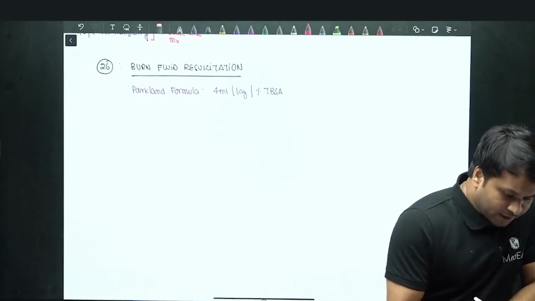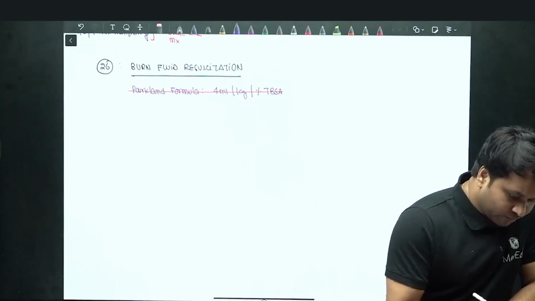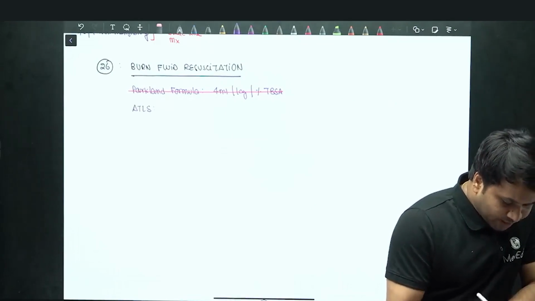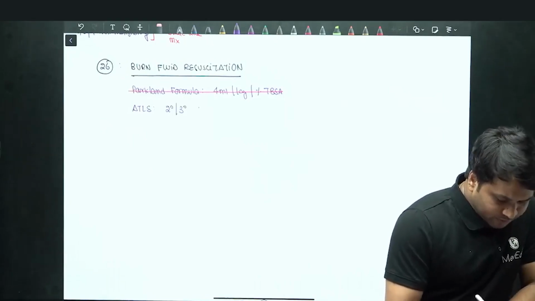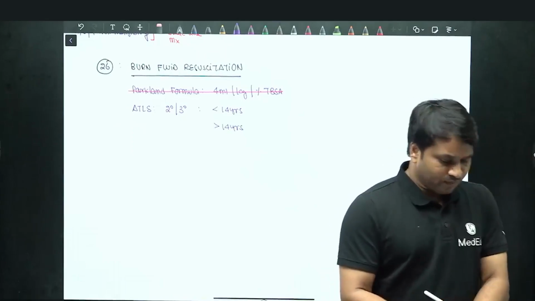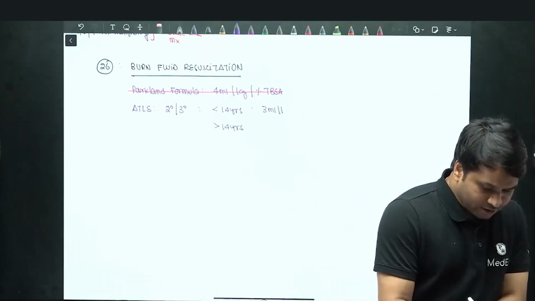Remember, Parkland is obsolete, we are not using it any longer. So now what we follow is the ATLS protocol. In ATLS, we say whether it's a second or third degree burn, whether it is a child, that is age less than 14 years, or age more than 14 years, right? Now if it is a child, then it is 3 ml per kg per percentage of total body surface area burnt.